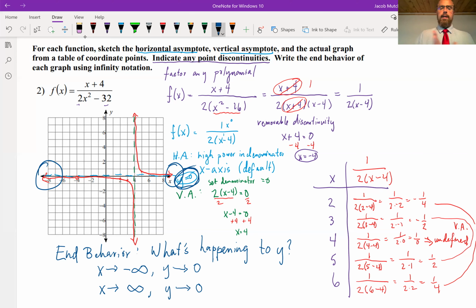That told us that we had a vertical asymptote at x equals 4. And then we graphed our function by making a table of coordinate points and then fit in our removable discontinuity, which we found at the beginning, at the very end. And then we wrapped it all up by describing the end behavior, which typically for rational functions is equal to the value of the horizontal asymptote.